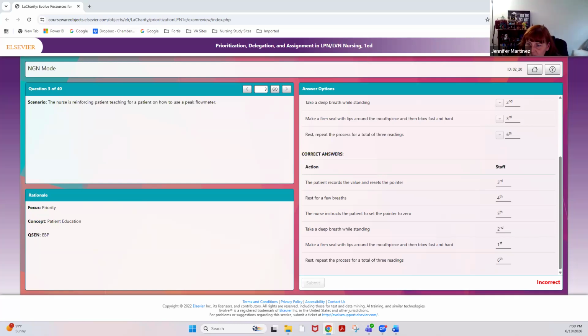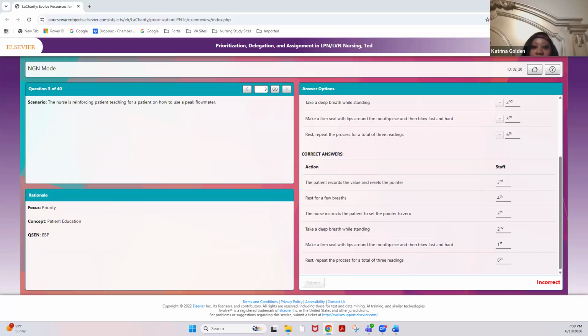That's always the best way to do it. When we do it at work, you have to secure the lock before you take the deep breath, for a peak flow meter? Yeah, when you blow it. I think those are the instructions. You put it on your mouth before you blow.